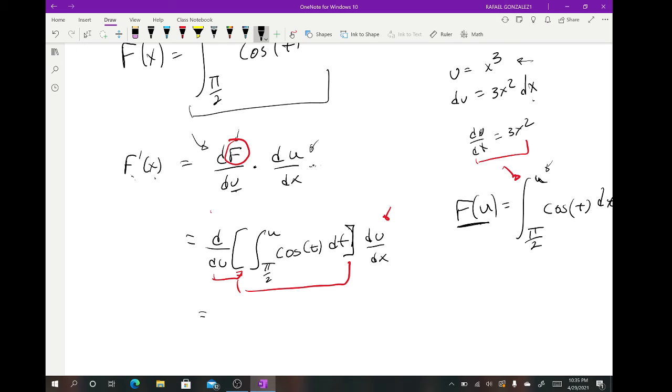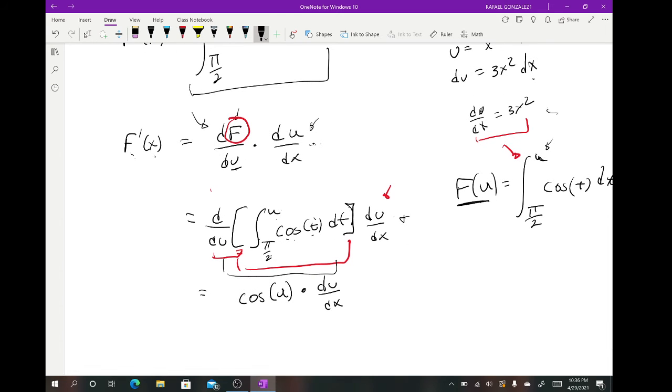Now, by the fundamental theorem, because cosine of t is continuous on that whole interval, the derivative of the integral from pi over 2 to u of cosine t dt is just going to be cosine of u. We swap t with u, times du dx.